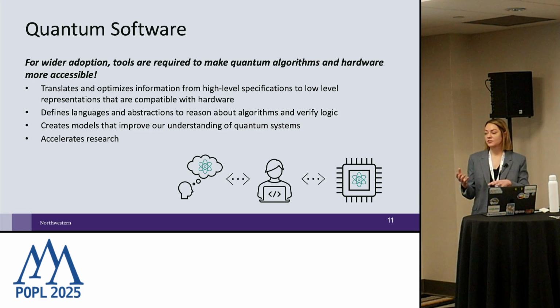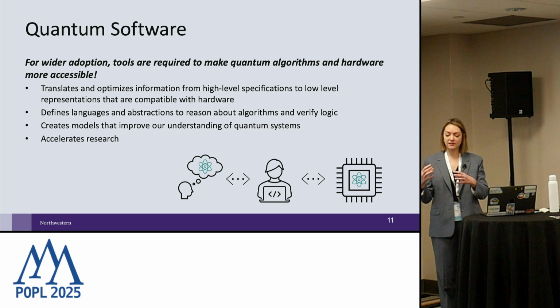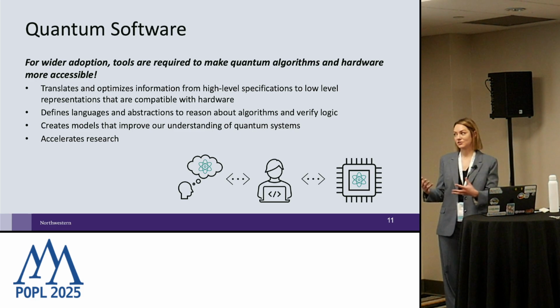And then, even if you're not thinking about the representation and translation of algorithms, there's also a beautiful use of software that allows you to create models to improve our understanding of the quantum space. So QTIP would be an example of that. We use it to better understand our quantum systems, and that helps us move forward to create better devices.